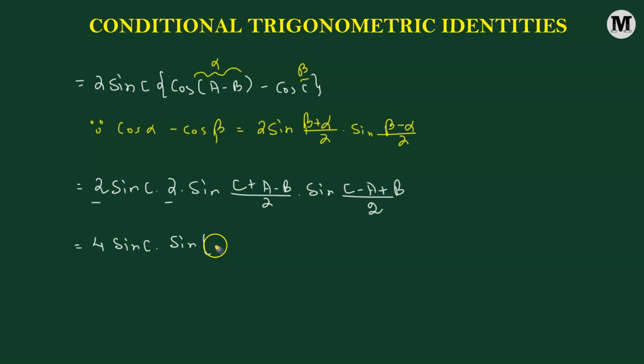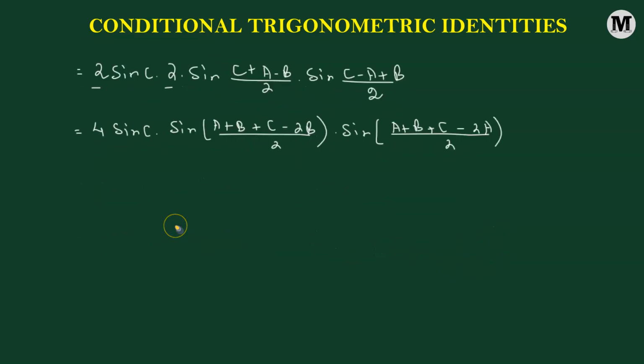so what we can do is add and subtract an extra term, which is going to be B in our case. So we get A plus B plus C minus 2B, whole divided by 2, multiplied by sine of C minus A plus B. We will rewrite it as A plus B plus C minus 2A, whole divided by 2.